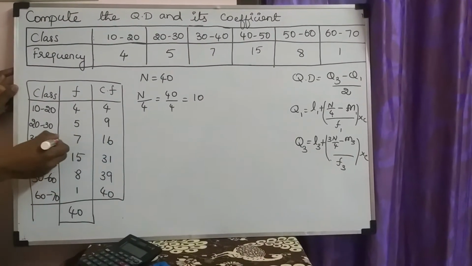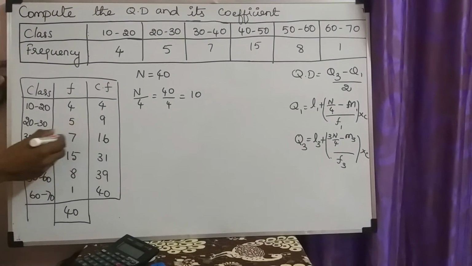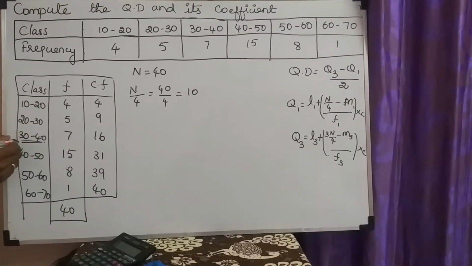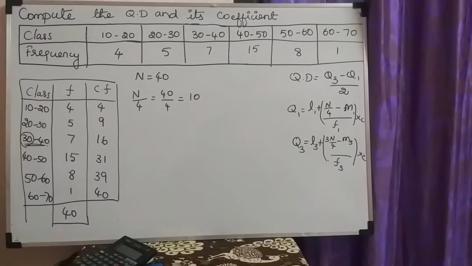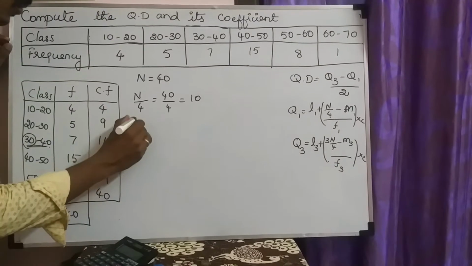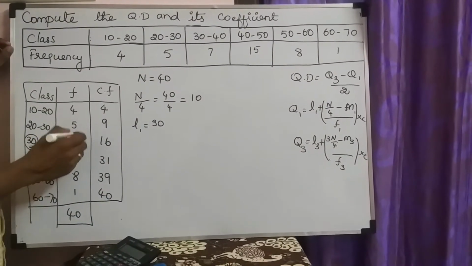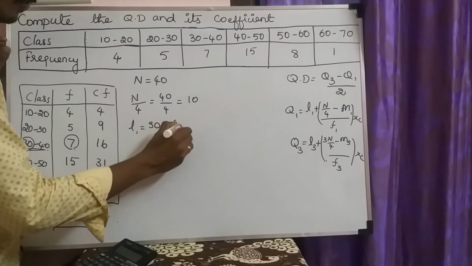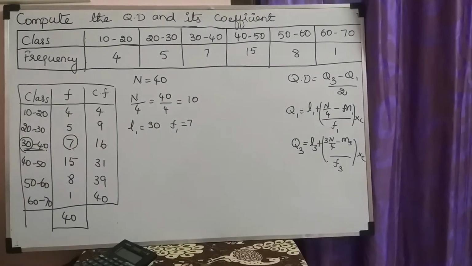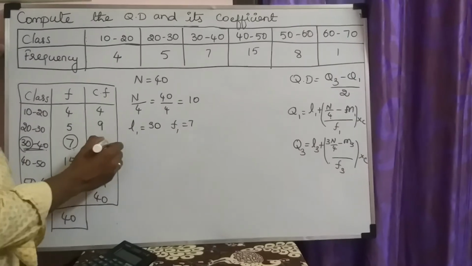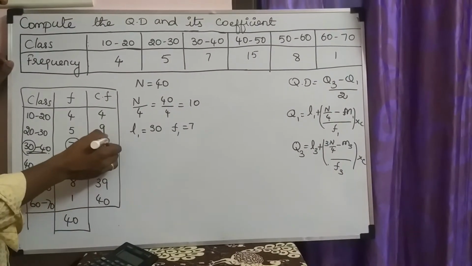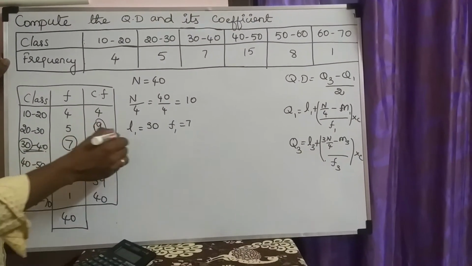So the 16 corresponds to the class 30 to 40, in which the lower limit is 30. So L1 is 30, and the corresponding frequency is 7, that is F1 equals 7. Next, M is the previous cumulative frequency, which is 9.